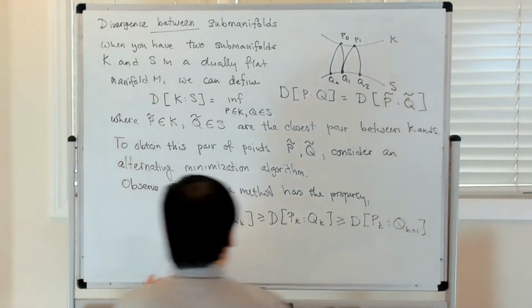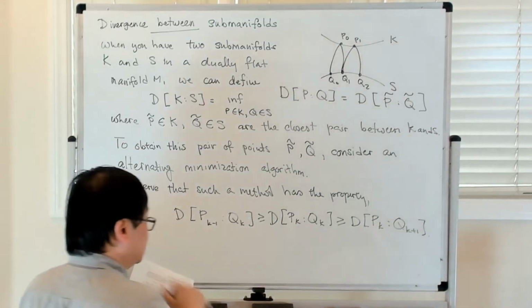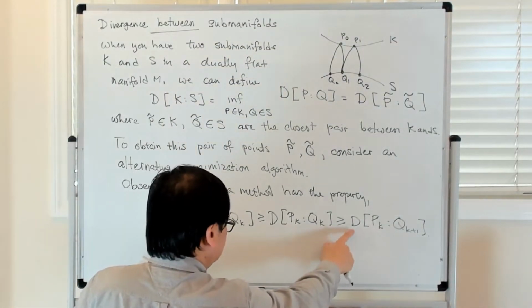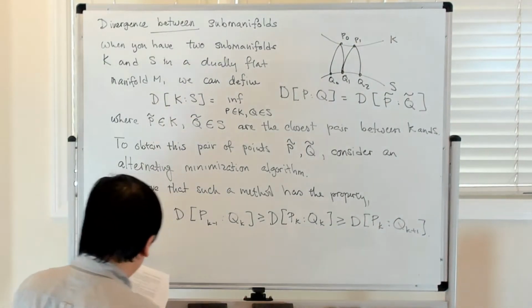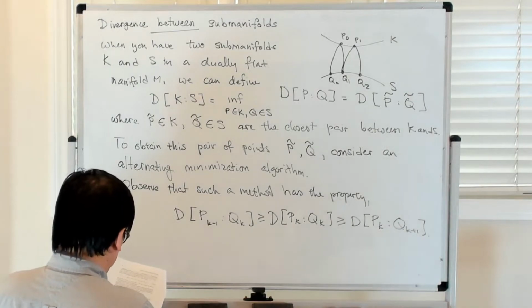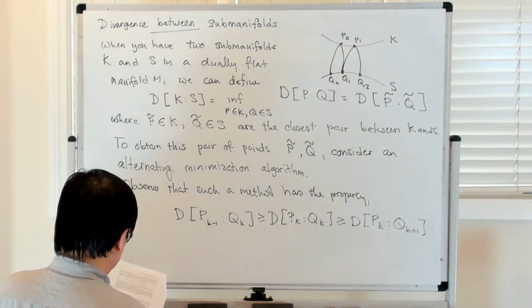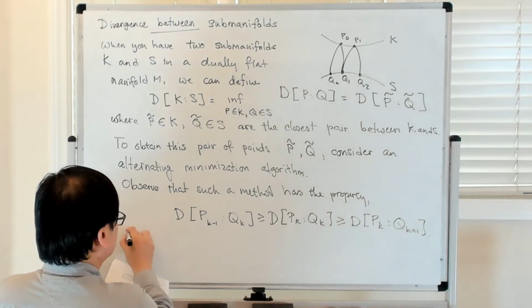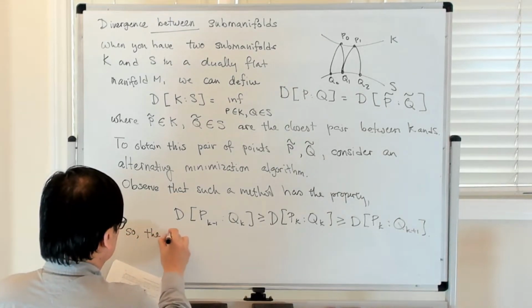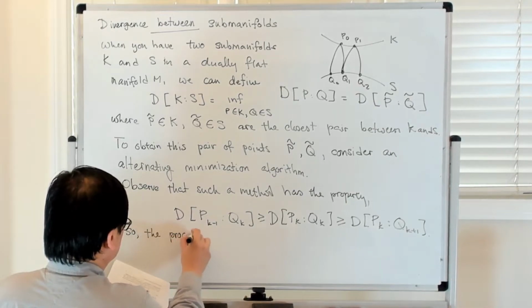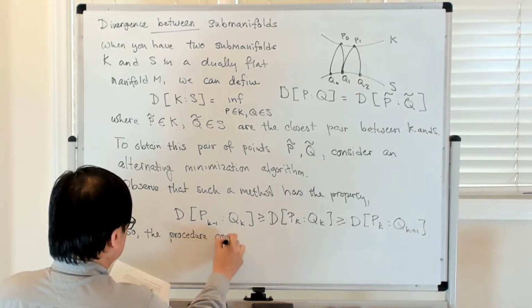Okay? So that sequence of distances is monotonically non-increasing. So the procedure converges.